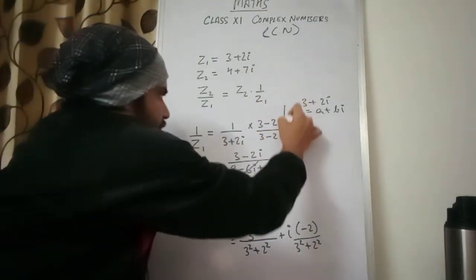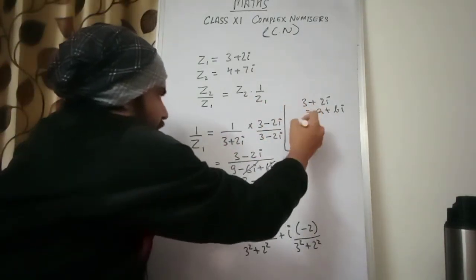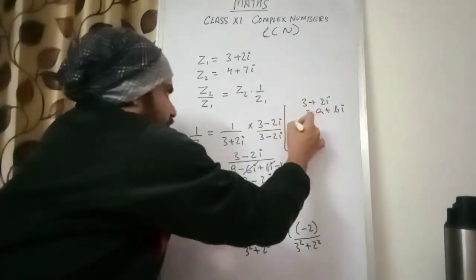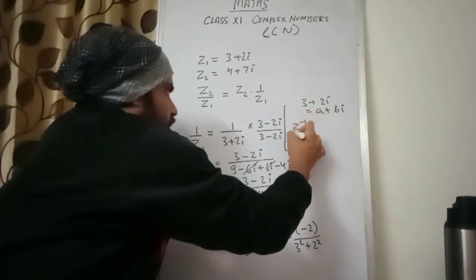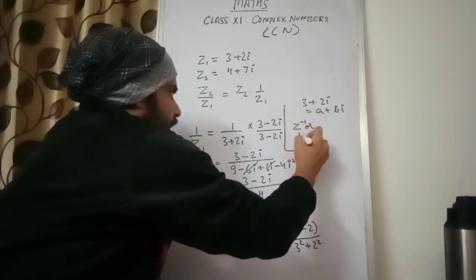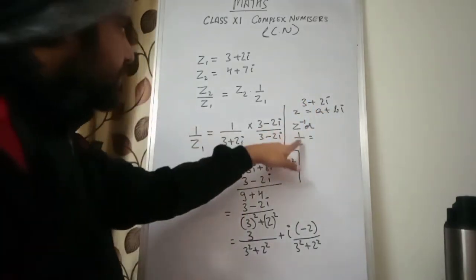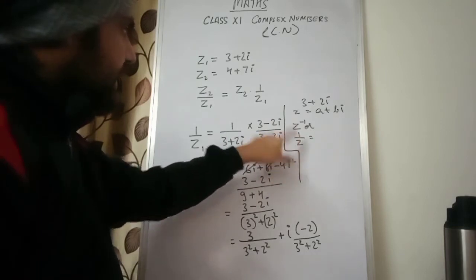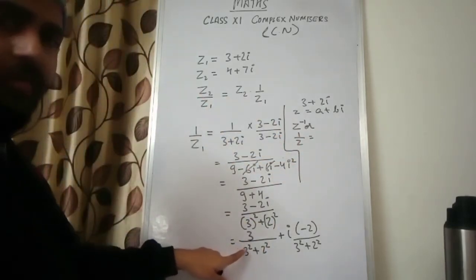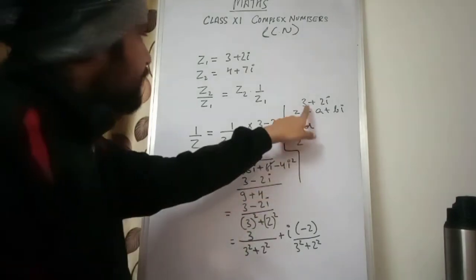So can I say the conjugate of any complex number, z inverse or 1 by z, let's say this is z? So can I write the inverse of this complex number as, compare from here, this 3 indicates what?